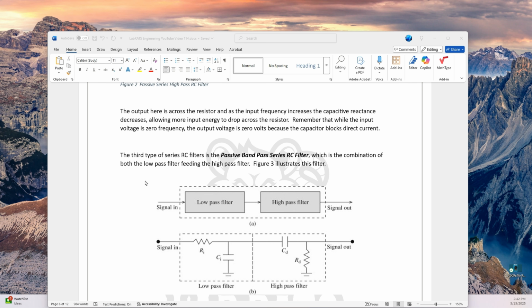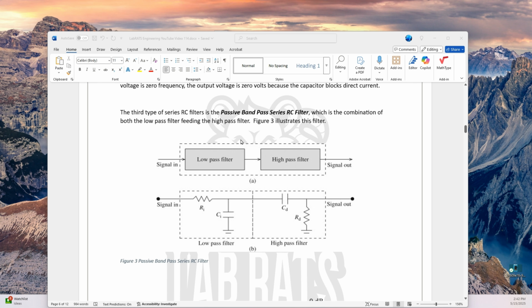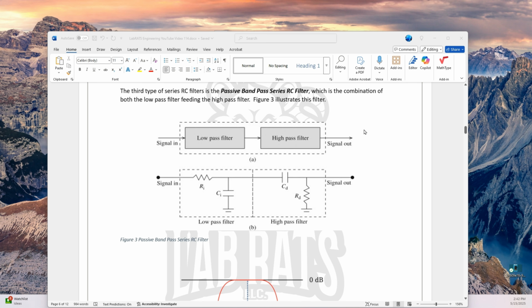The third type, a series RC filter, is the passive bandpass RC filter, which is the combination of both the low-pass filter feeding the high-pass filter, as seen in Figure 3. We have the low pass filter, which is everything from 0 to 20 kHz. And we have the high pass, which is everything from 20 hertz to infinity.